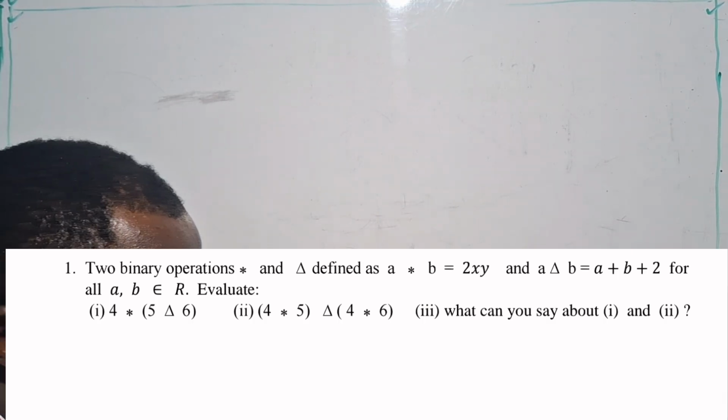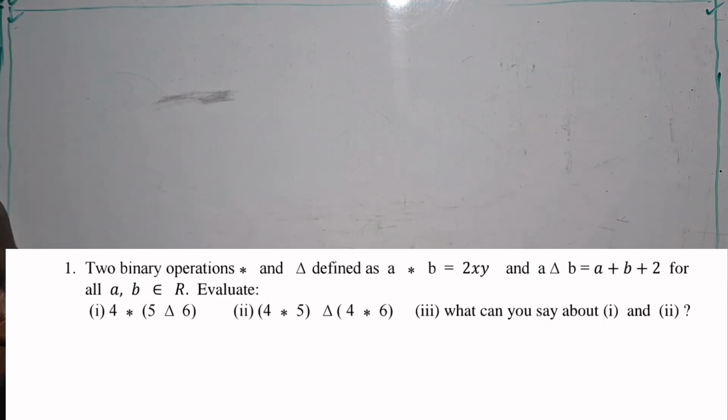The operations are defined as A operation B is equal to 2xy, and A operation B is equal to A plus B plus 2 for all A and B belonging to R. So we have to evaluate I, 5 operation 6 in brackets, then II, 4 operation 5 in brackets, operation, 4 operation 6 in brackets. So what can you say about I and II? Looking at what they've given you.